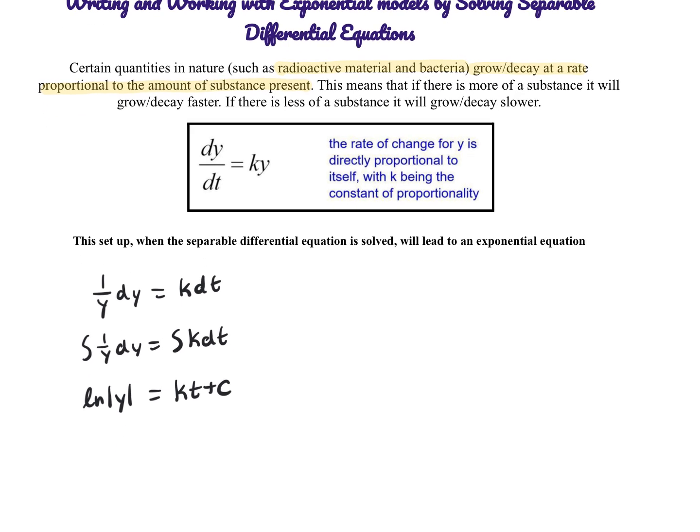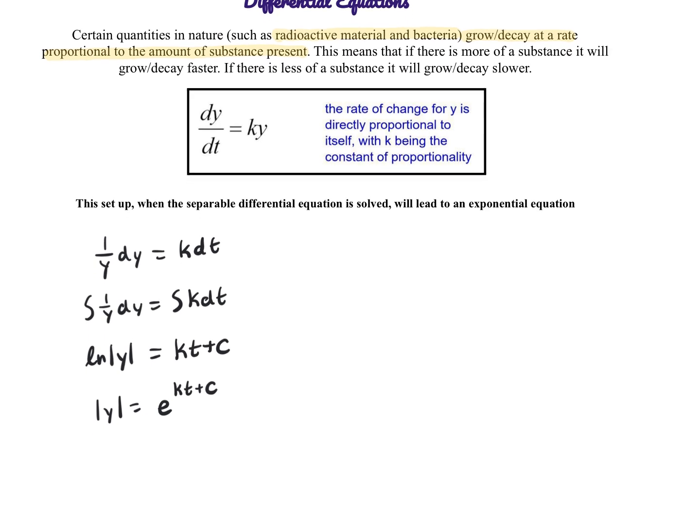And then here we will want to solve for y, so we'll rewrite it in exponential form. So e to the power of kt plus c. So let's keep simplifying from here. So I will rewrite this as the absolute value of y equals e to the power of c times e to the power of kt.